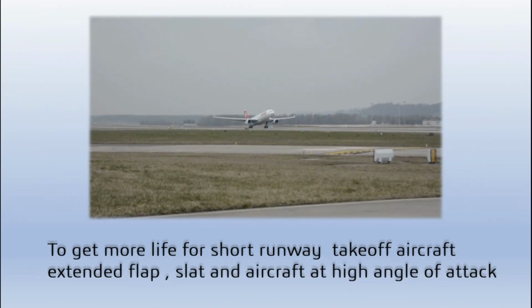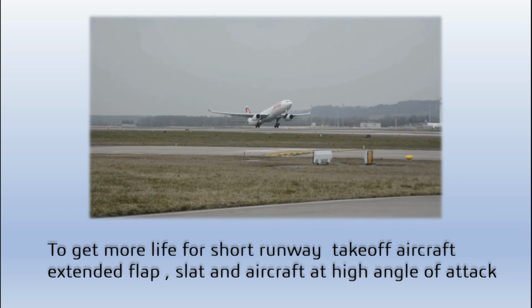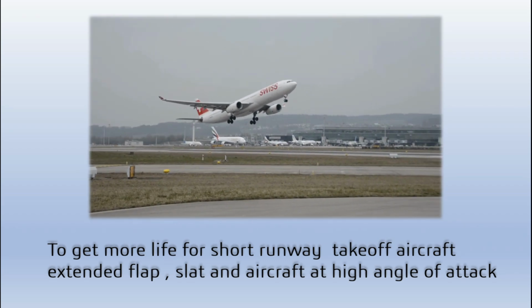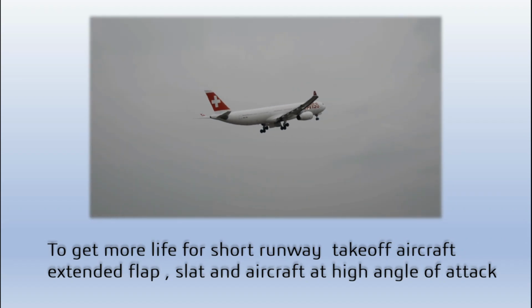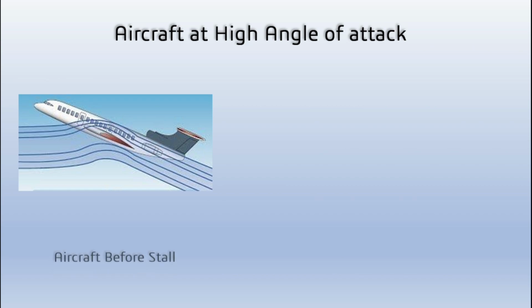To use a short length runway for takeoff and landing, the aircraft has to have low speed. To keep aircraft speed low, the aircraft has to produce more lift. With the help of flap, slat and high angle of attack, the wing can generate more lift. But there is a possibility of stalling of the aircraft. If the aircraft stalls, airflow will separate from the wing surface.